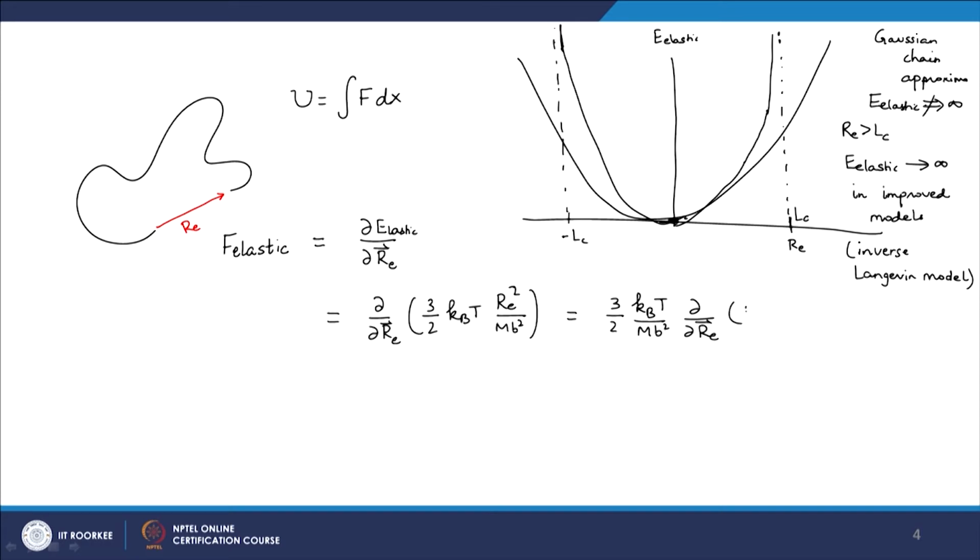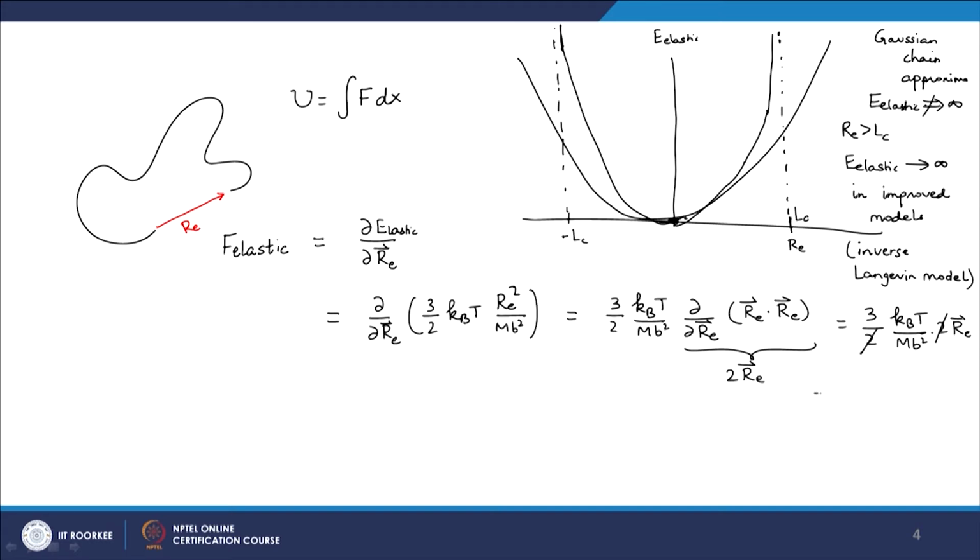and replace RE square with RE dotted with RE, and then from here we can get 2 multiplied by RE, which is 3 by 2, and 2 will cancel out.